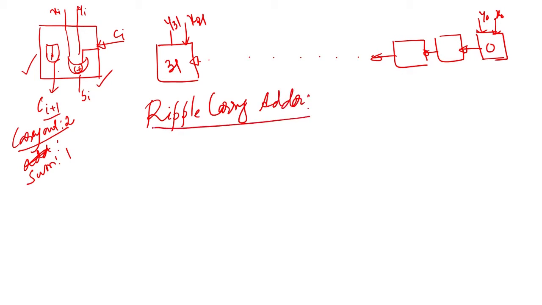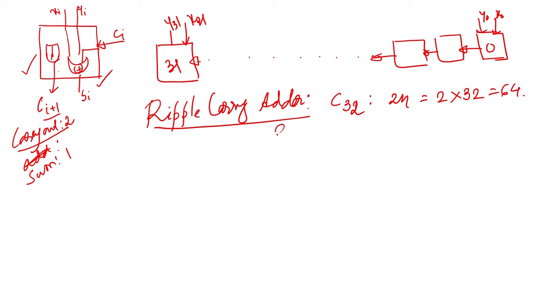So, in this structure there is C31. Therefore, total gate delay for C32 will be twice n, that is 2 into 32 blocks, so 64.